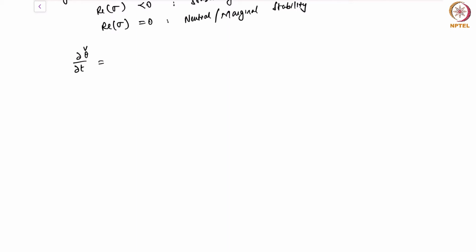This essentially becomes del by del t of h of z e power i (alpha x x plus alpha y y plus sigma t), and this simply becomes sigma h of z times the exponential. The only term which can be differentiated with time is e power sigma t, and that is just sigma times e power sigma t.